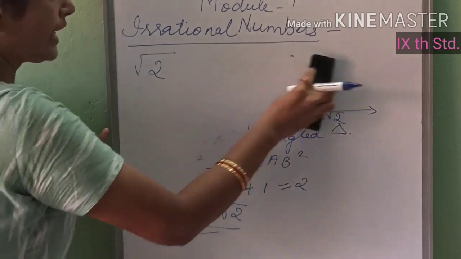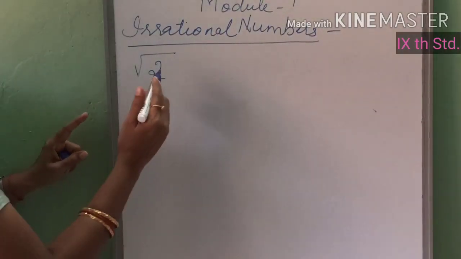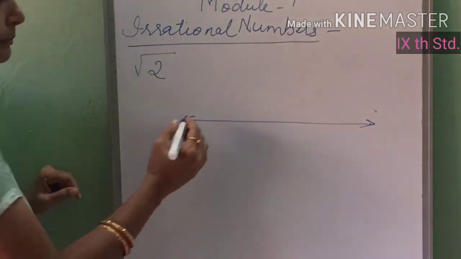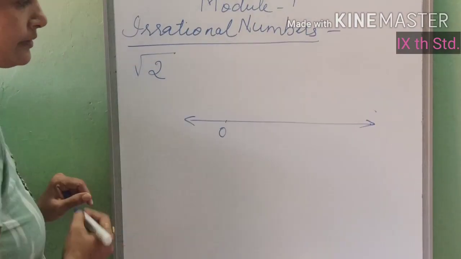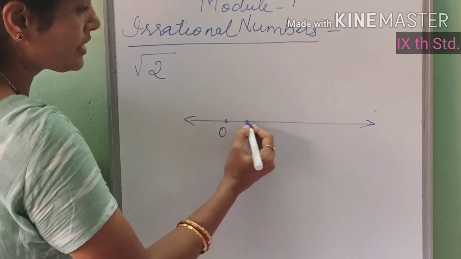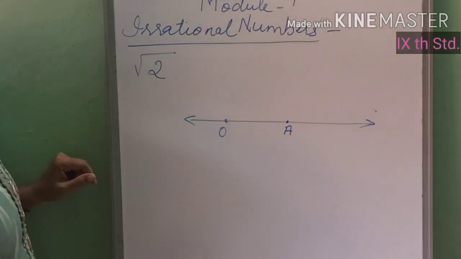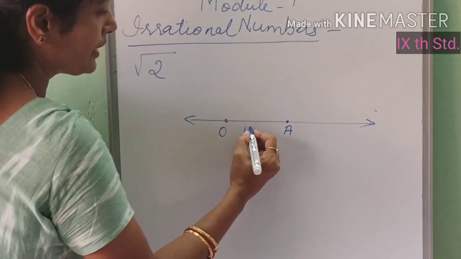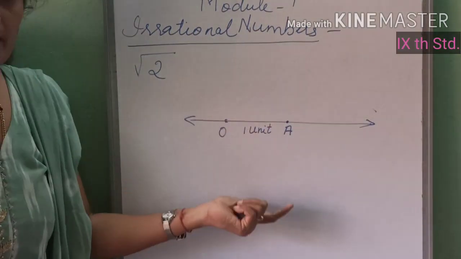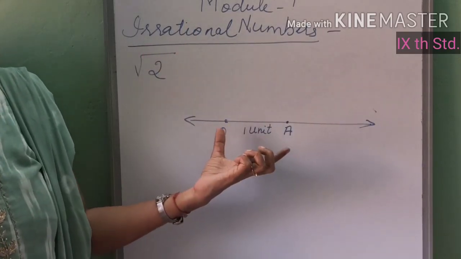The same, once again I will repeat what it is. First, you have to draw a line and mark a point O on it. Okay? Then, from this point, take a convenient distance, say mark another point A, O to A, let it be 1 unit. It may be 1 centimeter, 1.5 centimeter, 2 centimeter, anything from your scale.